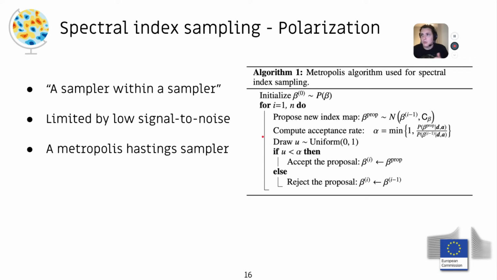If it's accepted, we continue using this for the next step, and if not, we just throw it away and then repeat the process. So you can see the algorithm on the right hand side here explicitly written out. So if you want to look closer at that, just pause the video.